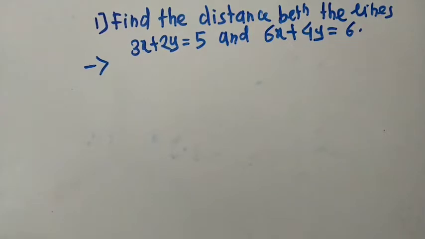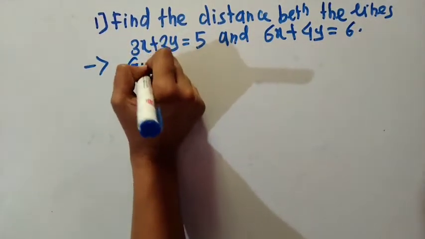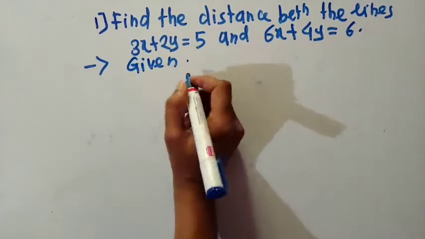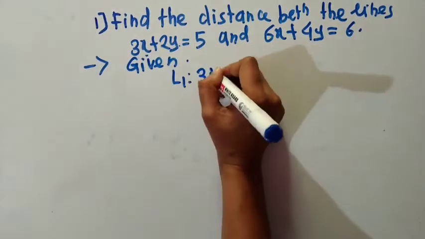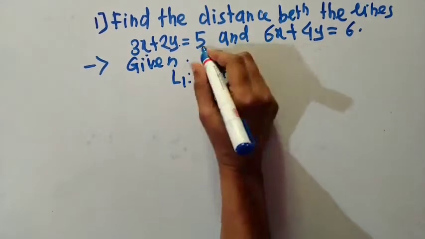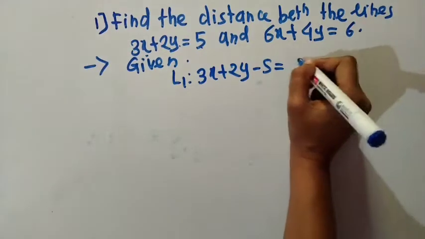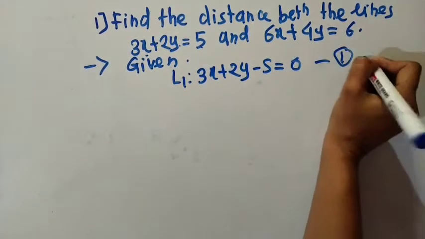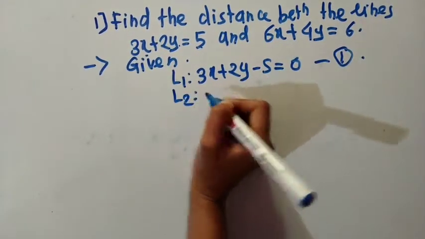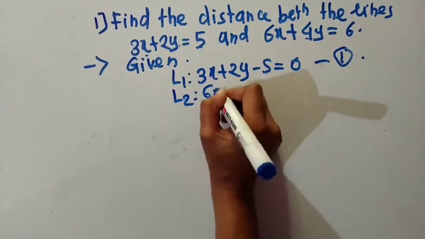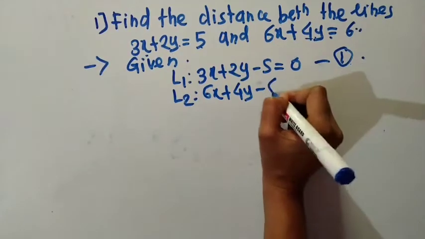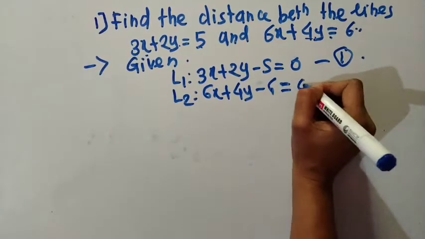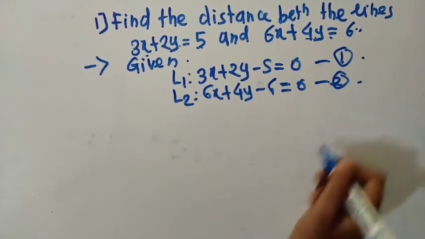Hence, how to find the distance between these lines? First, given that L1 is 3x + 2y - 5 = 0, the first equation, and L2 is 6x + 4y - 6 = 0, this is the second equation.